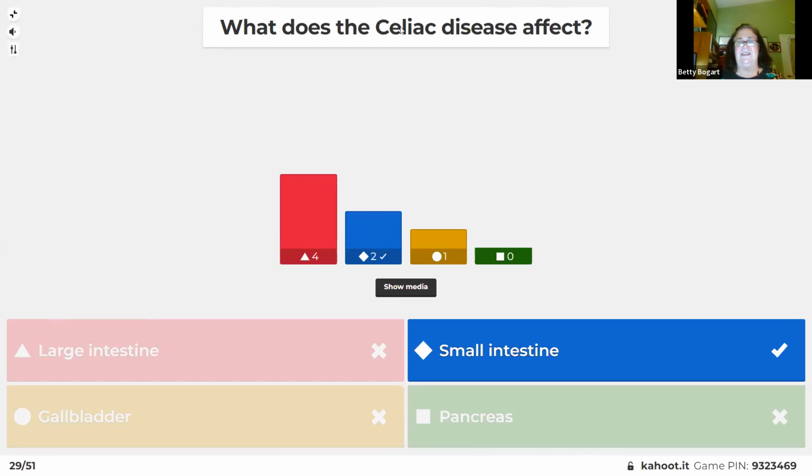Well, celiac disease has something to do with nutrition, right? What part of the intestines tries to make sugar, fat, and protein ready for the body? It's all what's secreted from the common bile duct in your liver and your gallbladder and your pancreas, right? So it has to be the small intestines. The large intestine just absorbs all it does. Small intestines takes that food and breaks it down.